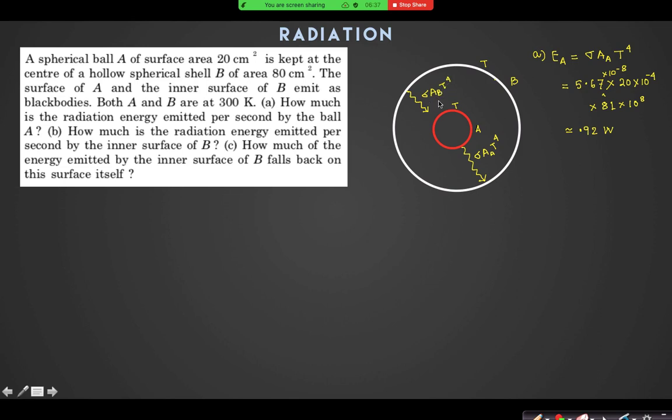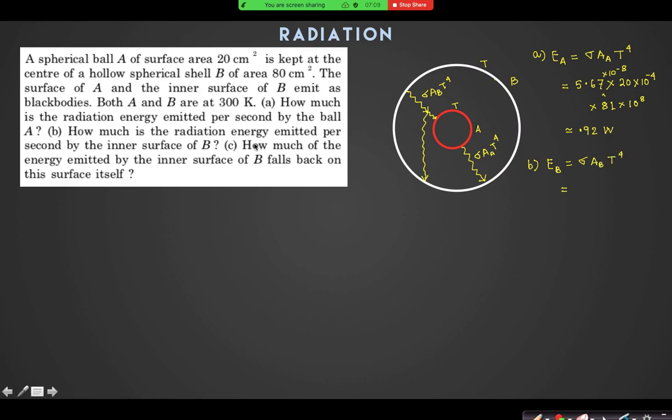But you can understand that out of this entire radiation, a few amount will be falling on this A, and a few amount will fall on its own surface. So let us first find the total emissive power of the inner surface of B, that is sigma A_B into T power 4, right?